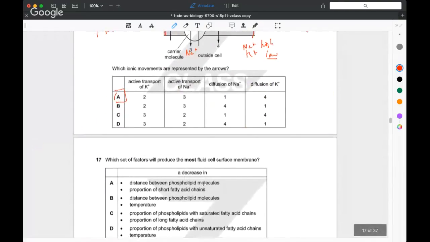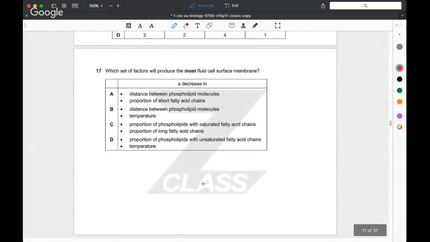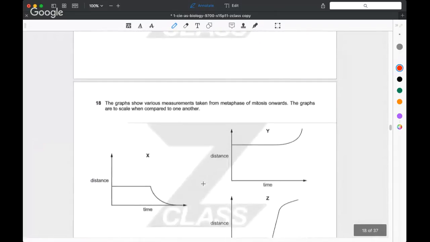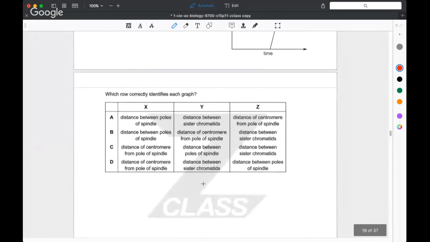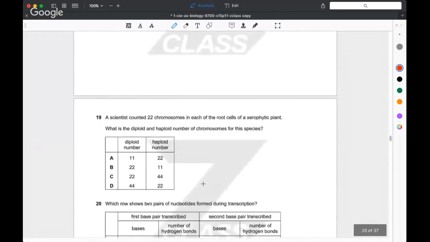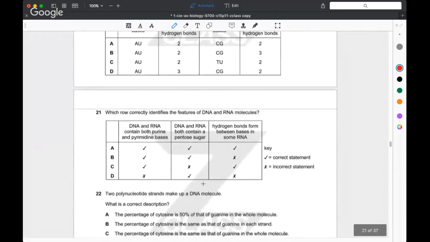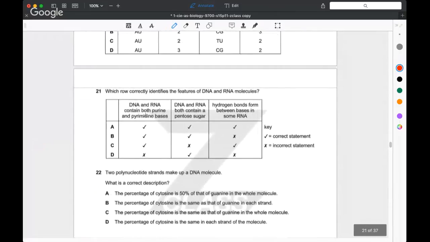Okay, so next one for the examiner was question 21. Scrolling up here. In question 21, you had to have a pretty good understanding of the chemical structure of DNA and RNA. Now, the other thing that you've got to watch for here is, if you look in the question, it's talking about some RNA.